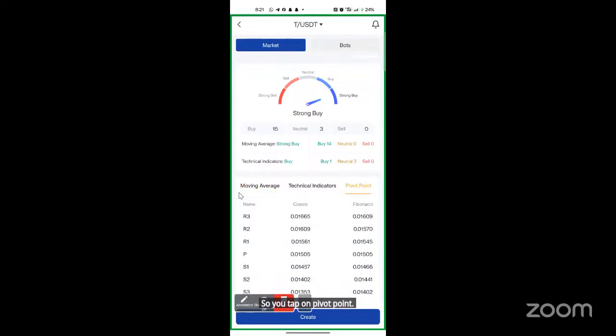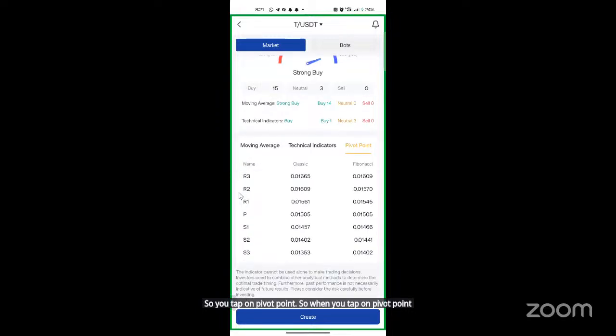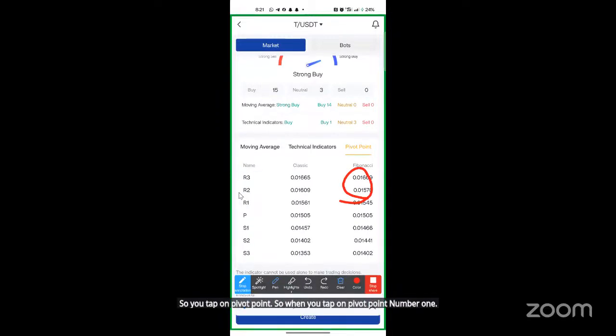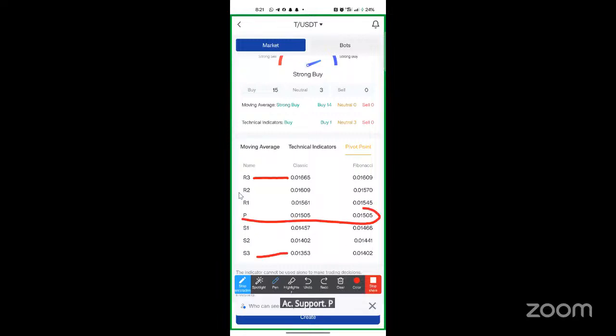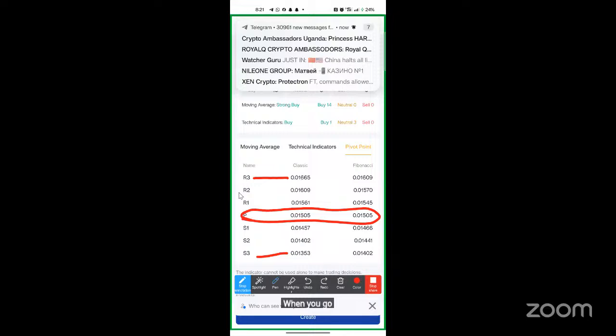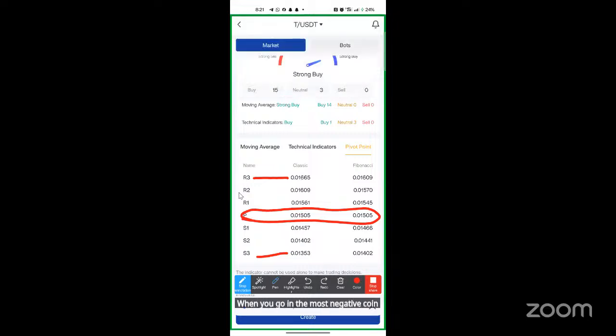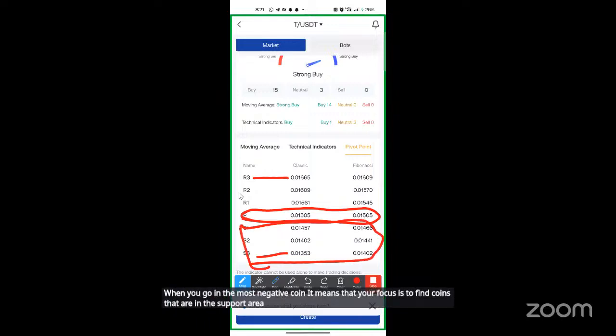So when you tap on pivot point, number one, it will give you R for resistance, S for support, P is the pivot. So this is the center. When you go in the most negative coin, it means that your focus is to find coins that are in the support area. Give me a yes in the chat.